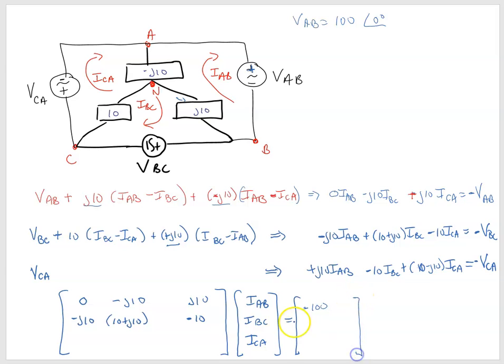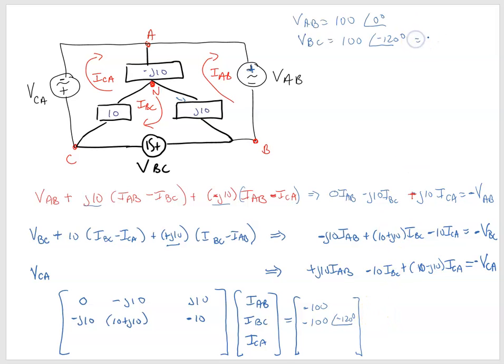And for negative VBC, our VBC is going to lag that by 120 degrees, so that's going to be 100 angle negative 120 degrees. So we get negative 100 angle negative 120 degrees for now. But really what we should do is add 180 degrees to that.